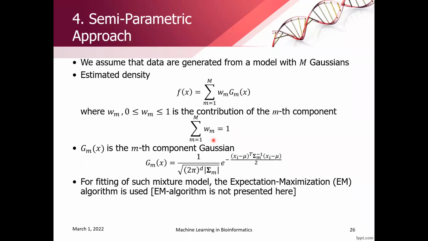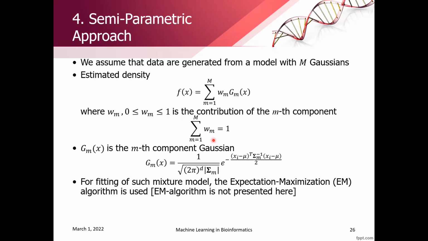Because in this way we can say, according to our observations, we have many data in this region and few data here. So this is more often the data, and this is less frequent. So for this cluster, we assign a bigger weight. For example, value 0.8, and for this, just two times.